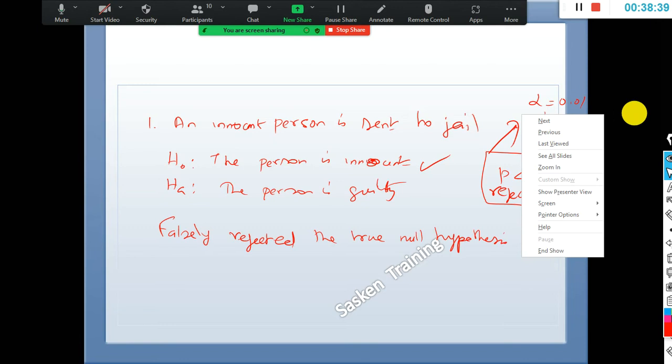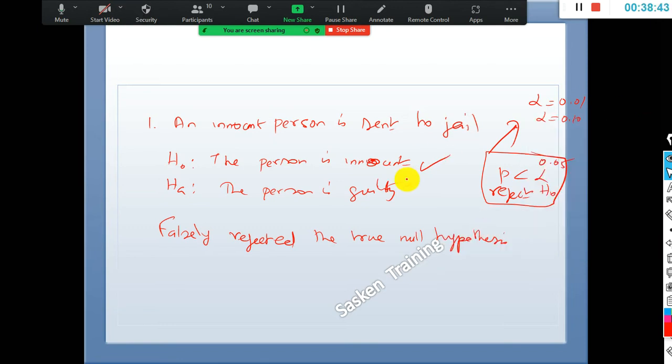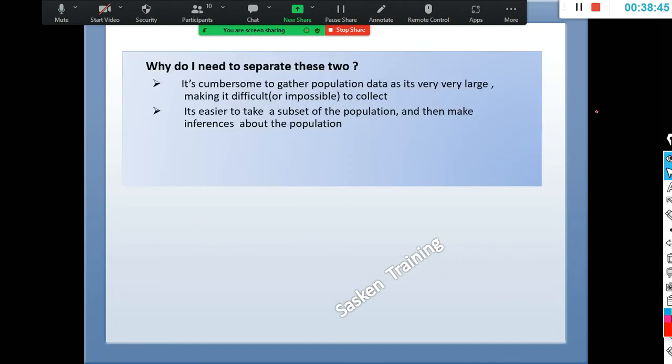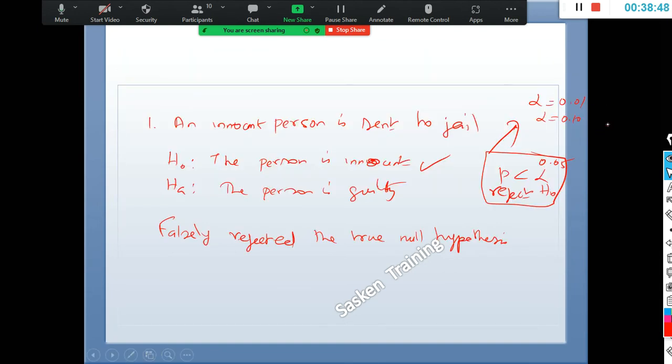Alpha equal to 0.10 means there is a 90% confidence, and alpha 0.01 means 99% confidence. Guys, please don't forget this.